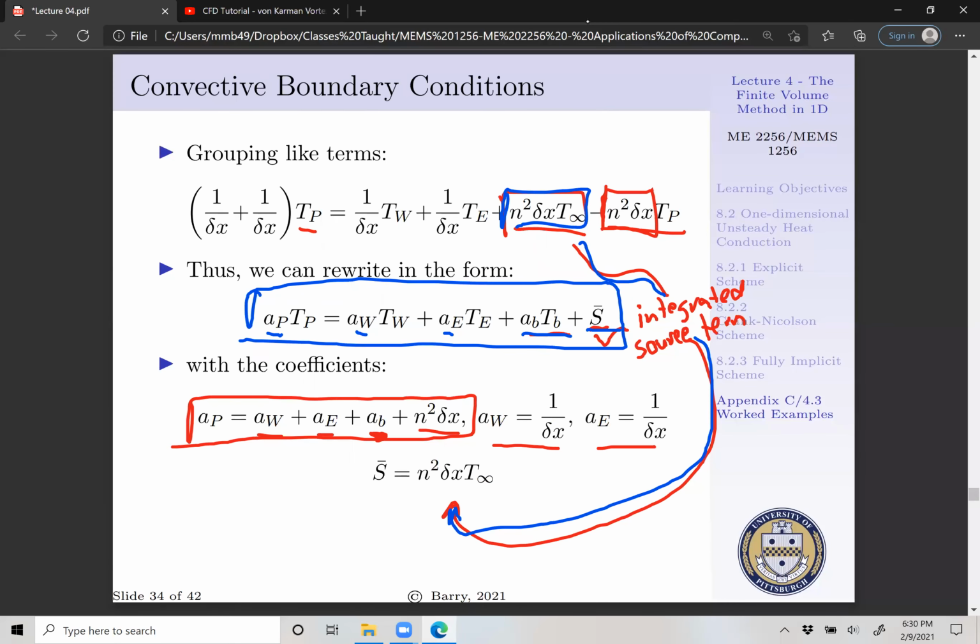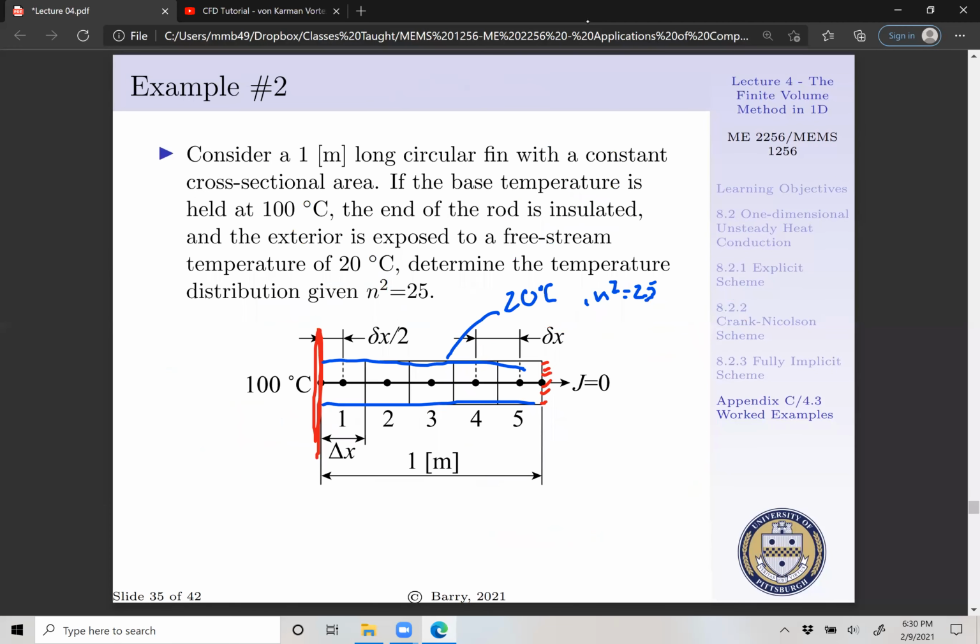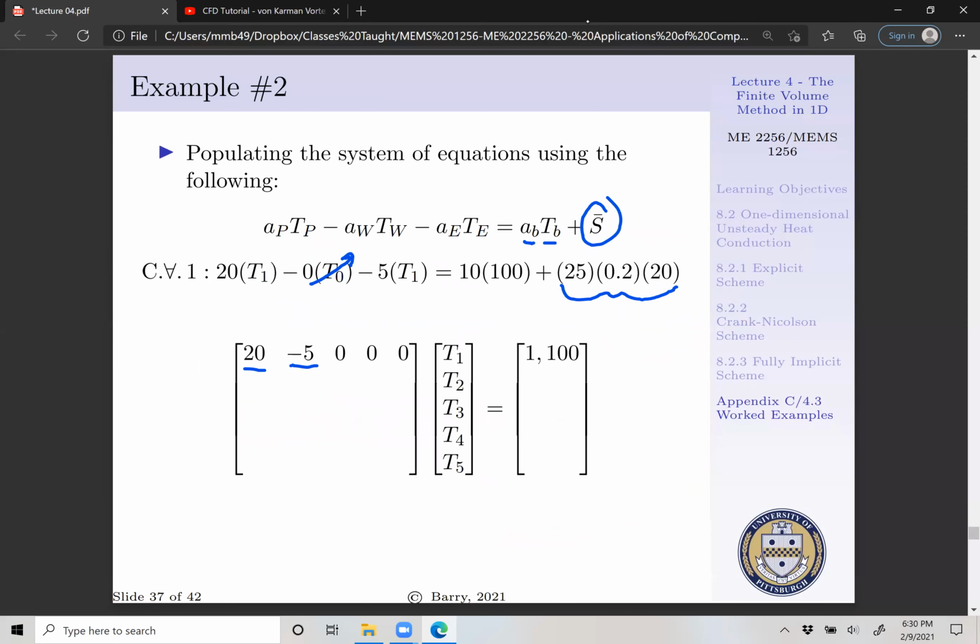Now recall S bar is equal to n squared delta x T infinite. So we have n squared, which is 25, delta x is 0.2, and our free stream temperature was 20. So this is going to populate these two combined.